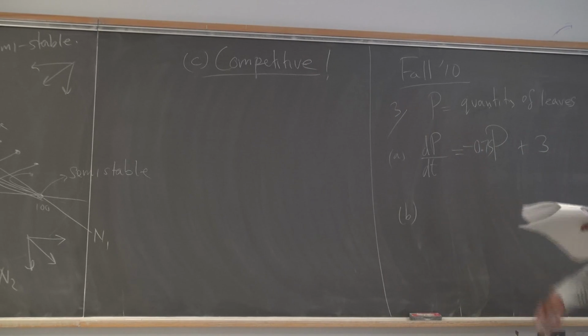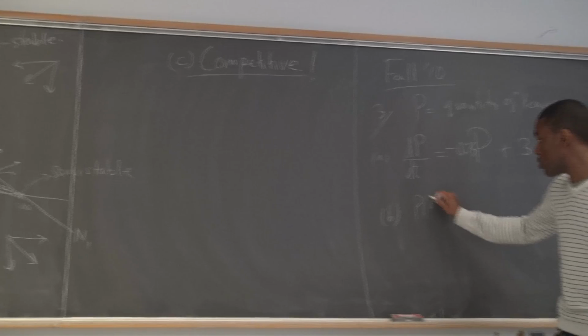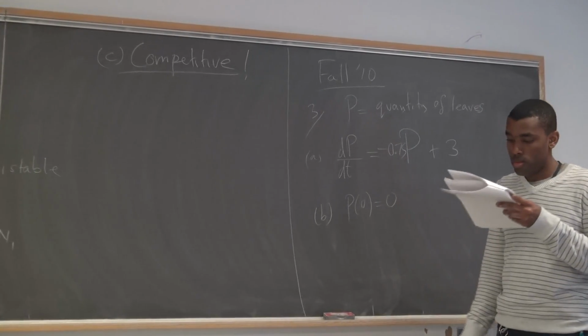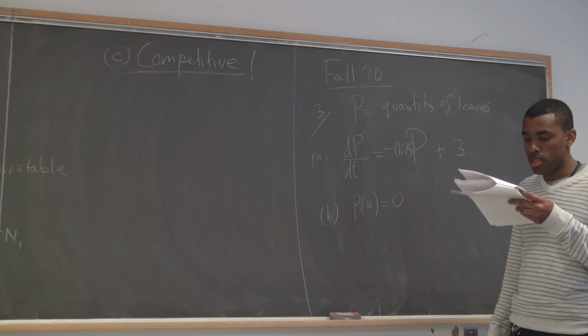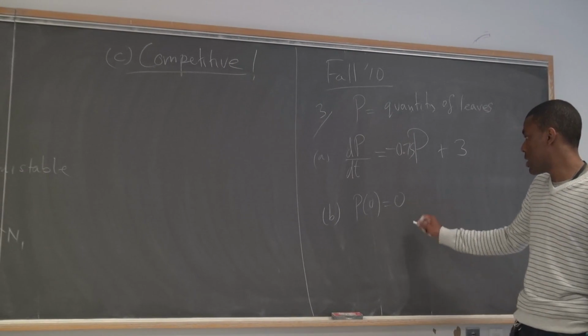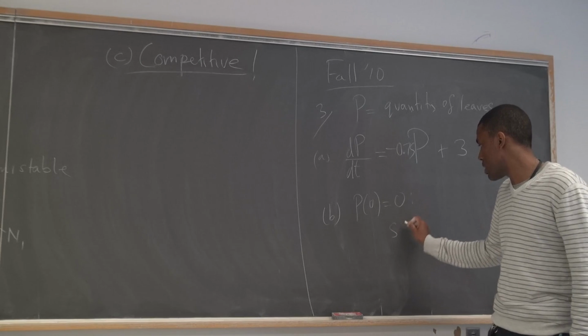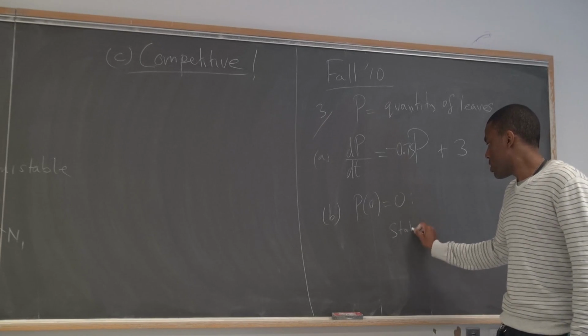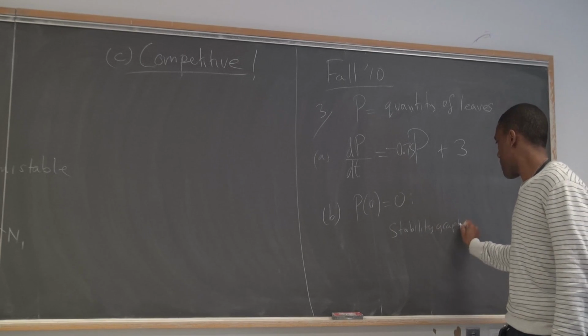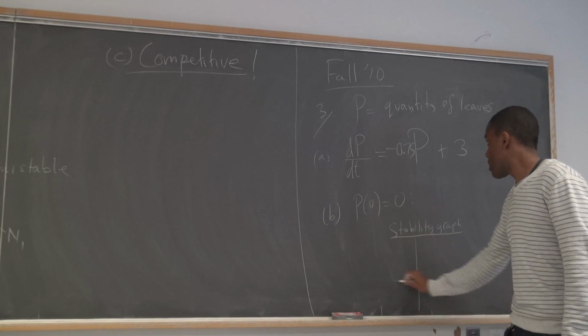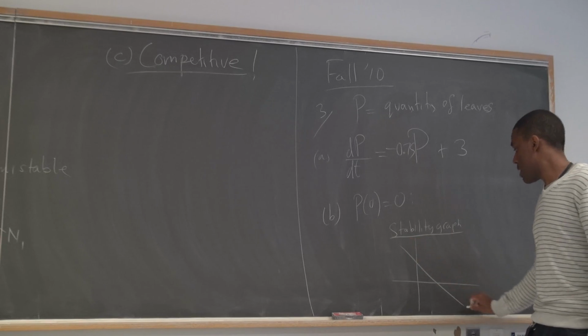Part B: assuming the initial state with no leaves, so we're assuming that P of 0 is 0, use qualitative methods to determine the long-term state. Right, so then we have to draw pictures. We can do the stability graph. This is just a straight line.